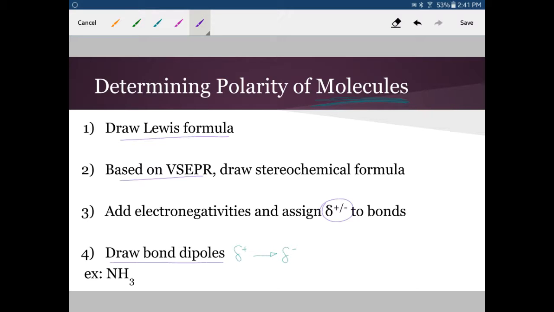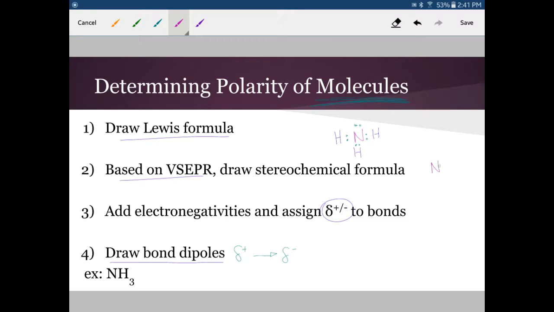So let's take a look. Let's look at ammonia as the example. Let's start by drawing the Lewis formula. We have ammonia, which is NH3. Nitrogen contributes 5 electrons, hydrogen contributes 1 each, being 3, total of 8 electrons. So we get something that looks like this. Our VSEPR geometry, based on the number of bonds and lone pairs, we have a trigonal pyramidal shape.